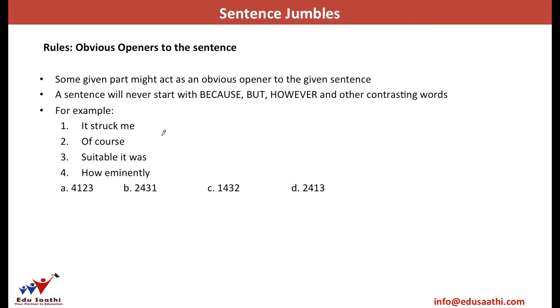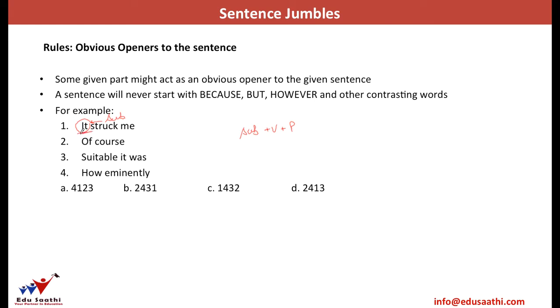Now, if I closely observe, it struck me. It basically is pointing to something that becomes the focus area, right? And since it becomes the focus area, it has to be the subject, and the rule says that the subject has to be proximally placed. After that, we keep the verb and then the predicate, the rest of the sentence.